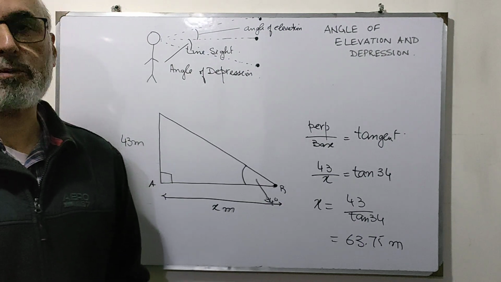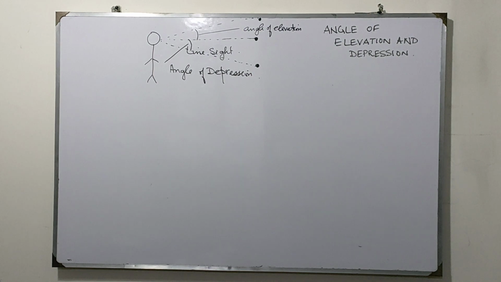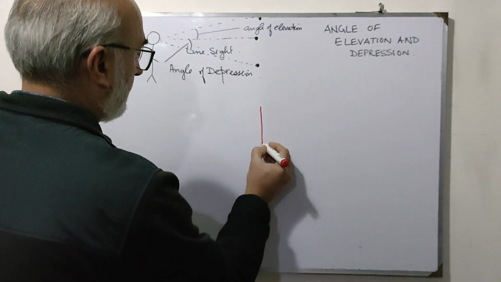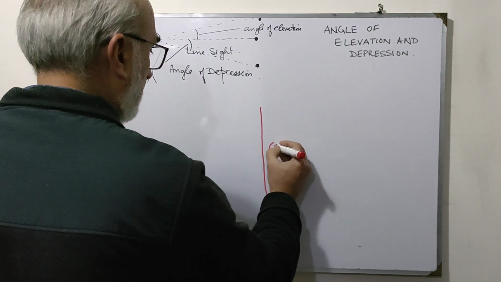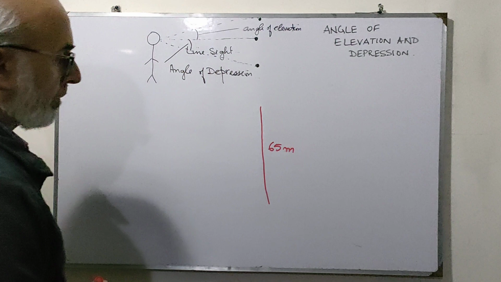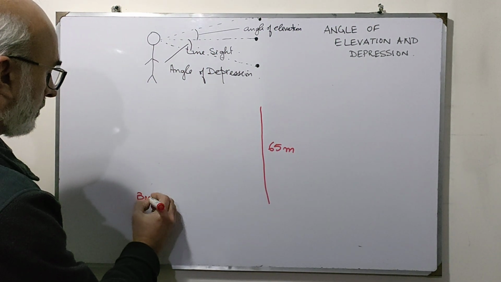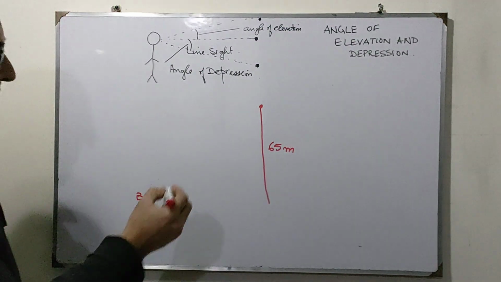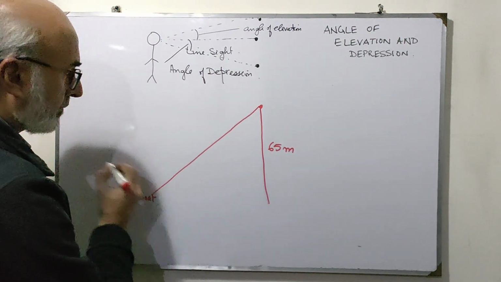Now let's take the angle of depression. Suppose we have a cliff, and this cliff is 65 meters high, and here we have a boat. Somebody is on the top of the cliff looking towards the boat.